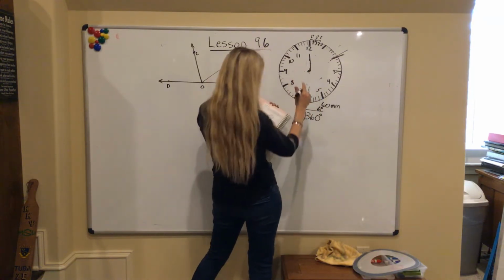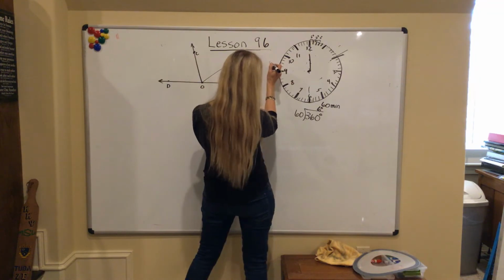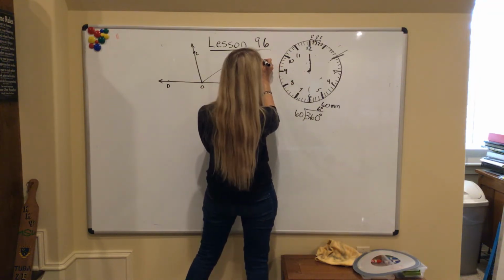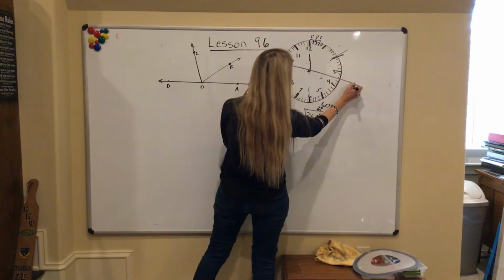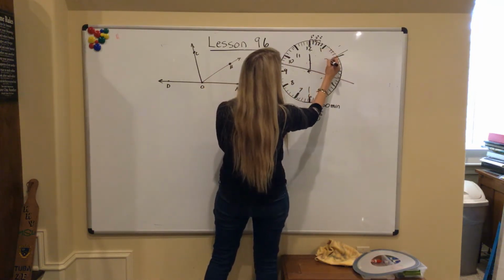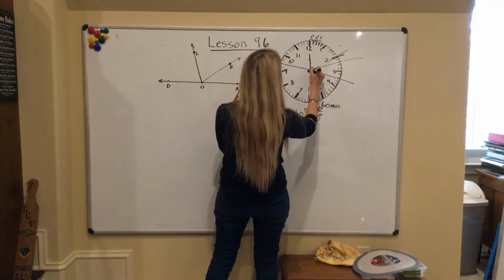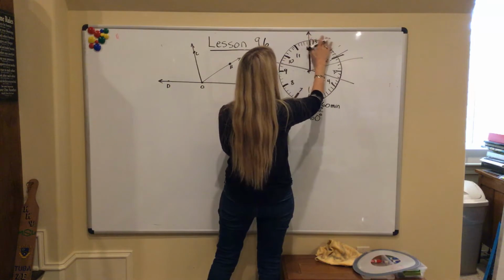All right, using this image, it looks like it goes through the center from here to about here. This one goes to about 2 there, and this one would go up here through 12.